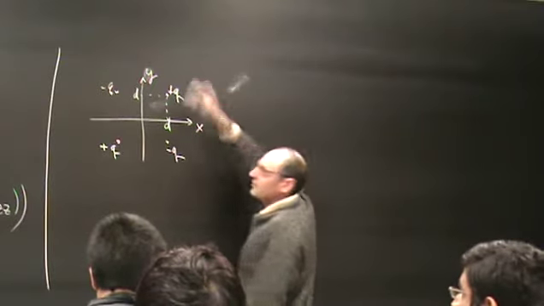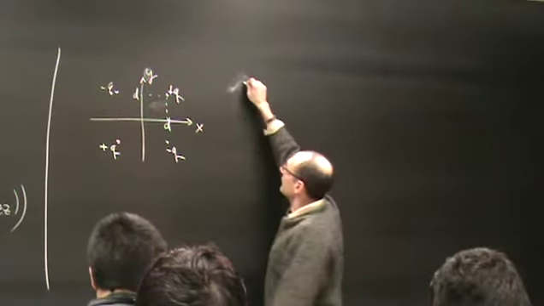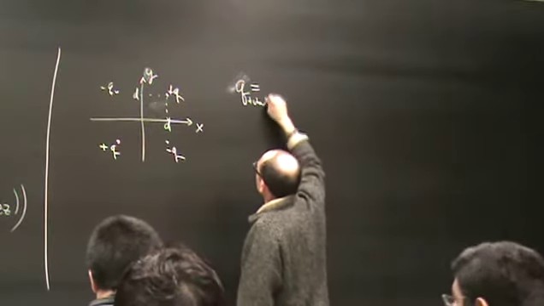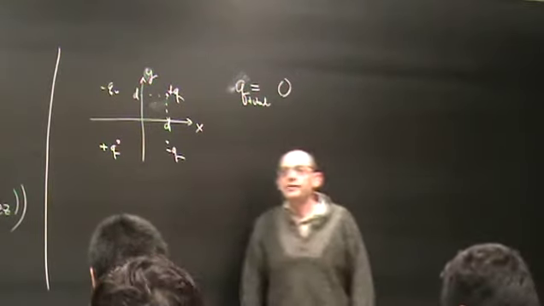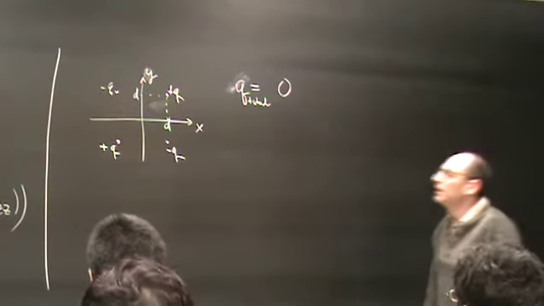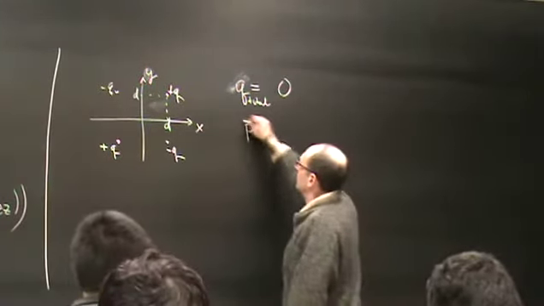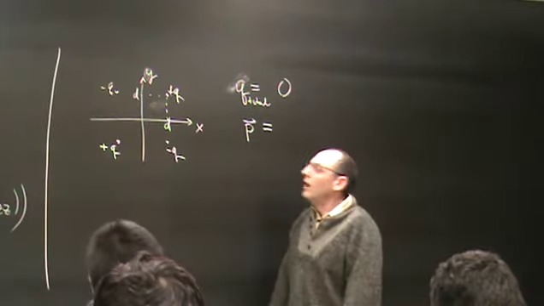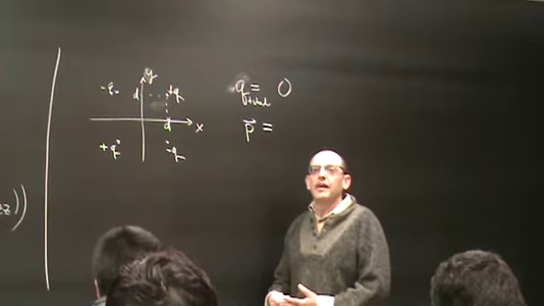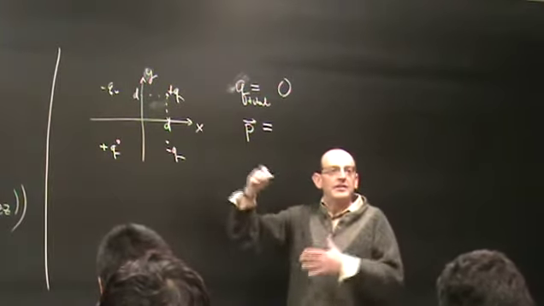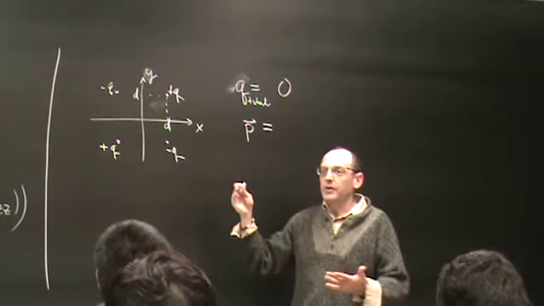I mean, because that's the lowest non-vanishing term here, right? In this case, the total charge is 0. Equal numbers of positive and negative charge. So the monopole is 0. What about the dipole vector? Electric dipole moment vector. Well, that represents, in this case, the relative separation of the positive charge compared to the negative charge.